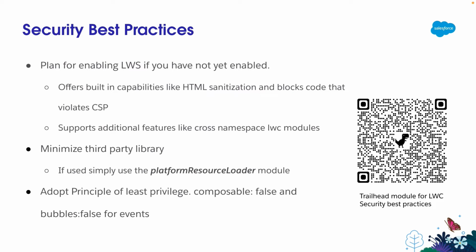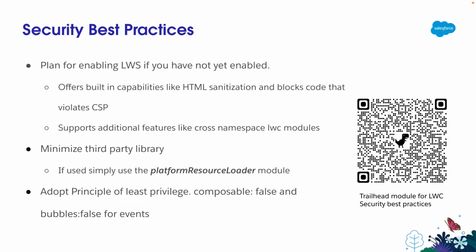Alright, so the next security best practice is to adopt the principle of least privilege. Now, when you configure events for your Lightning Web Components, you have two configuration properties called composed and bubbles. Make sure to keep them false.